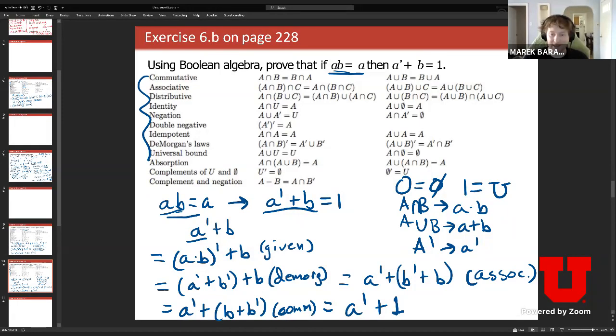And this is by negation. And then I'm going to apply identity. No, it's not identity. It's universal bound. And that equals 1 by universal bound. Any questions on that?